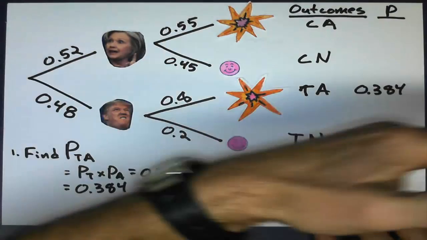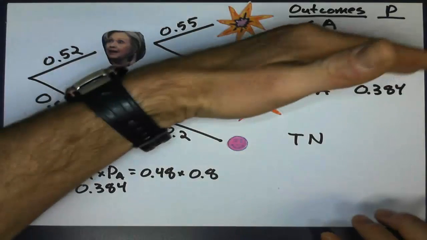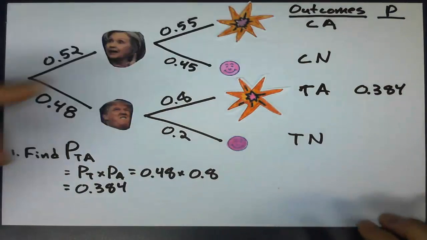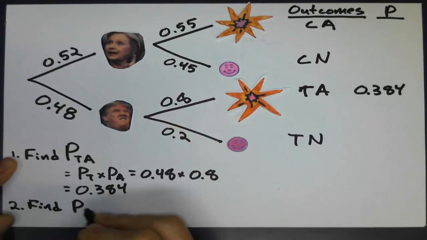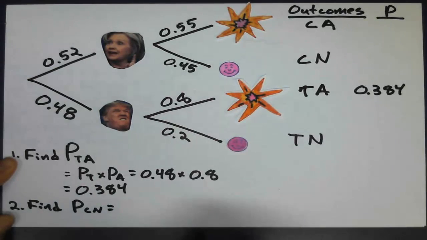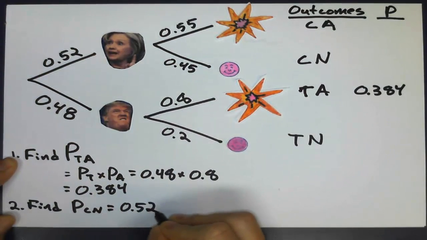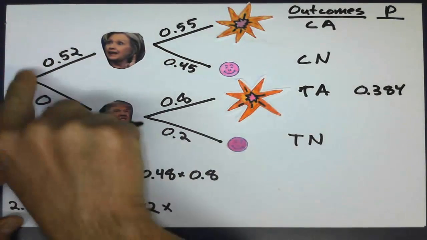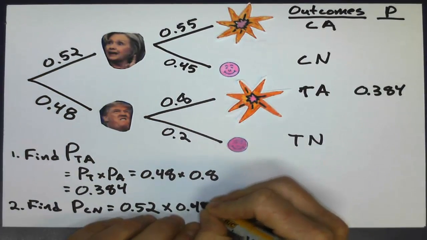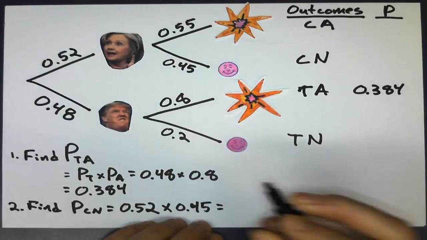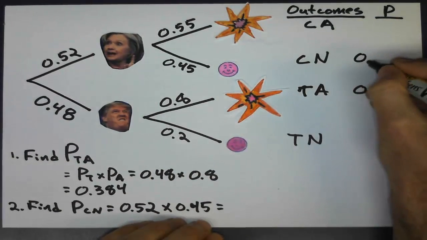So if I said, what's the probability of Clinton and no apocalypse? I just multiply across. That's going to be 0.52 for Clinton times 0.45, and I get a value there, to 3 decimal places, of about 0.234.